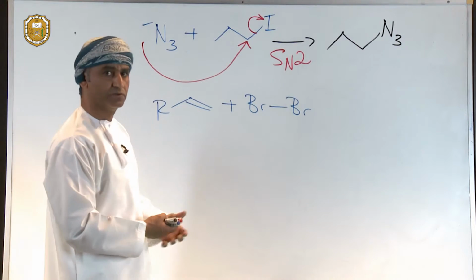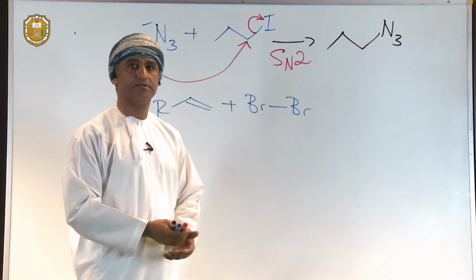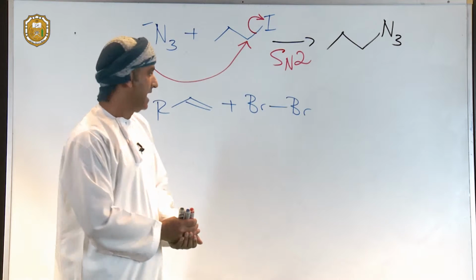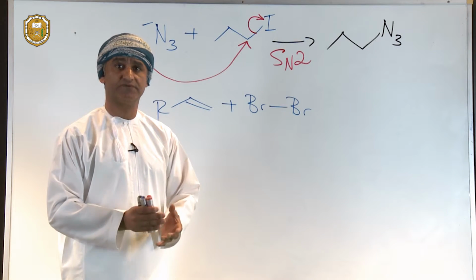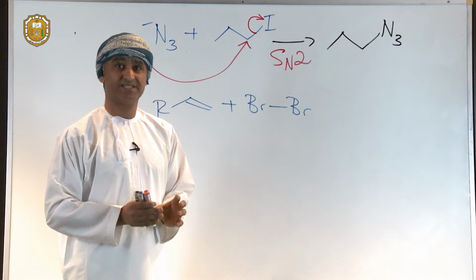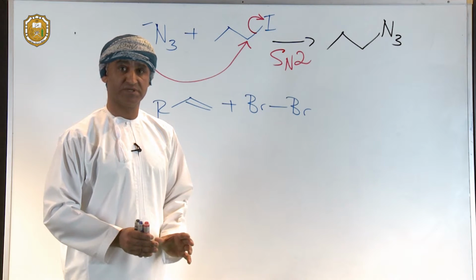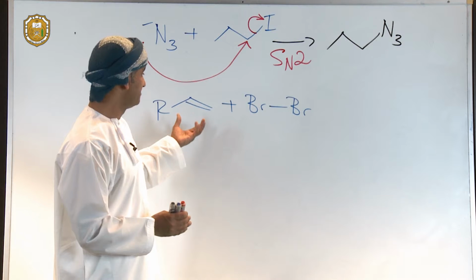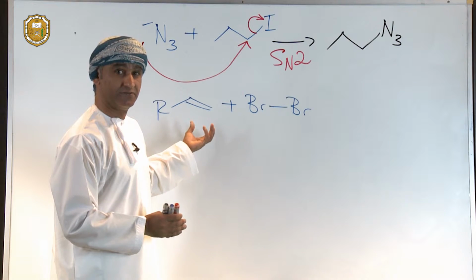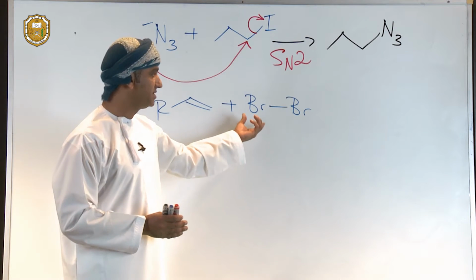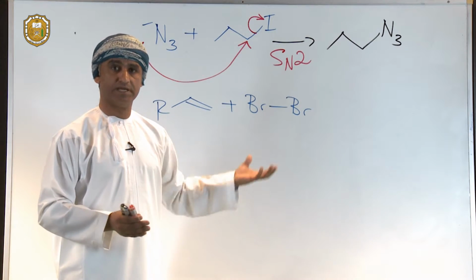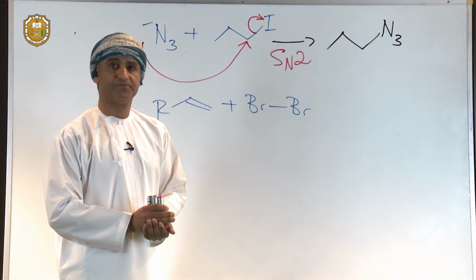So why does the reaction take place anyway? It's not an attraction between oppositely charged species, but a reaction between a filled orbital in the carbon-carbon double bond and an empty orbital in the Br-Br bond.